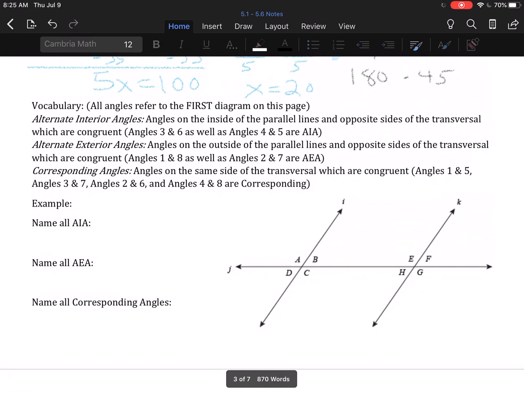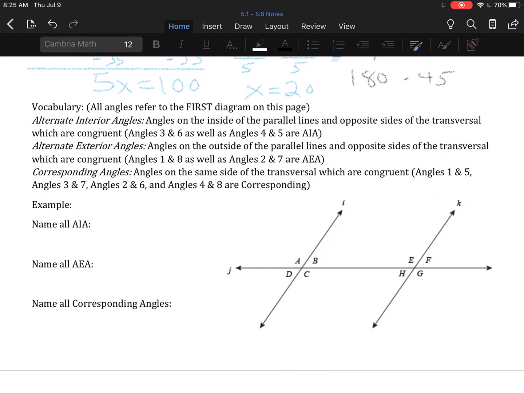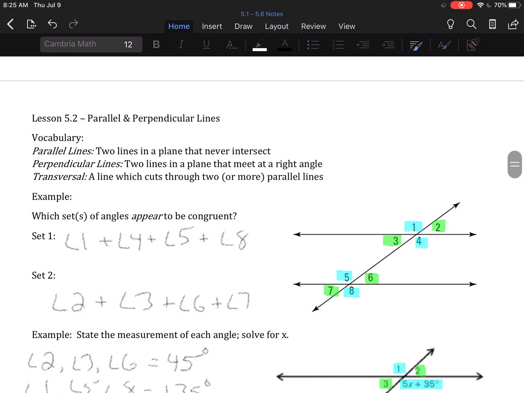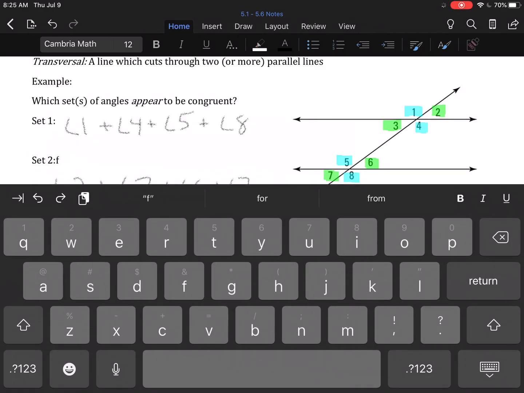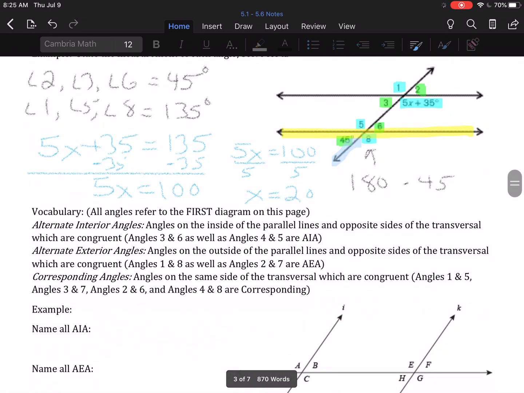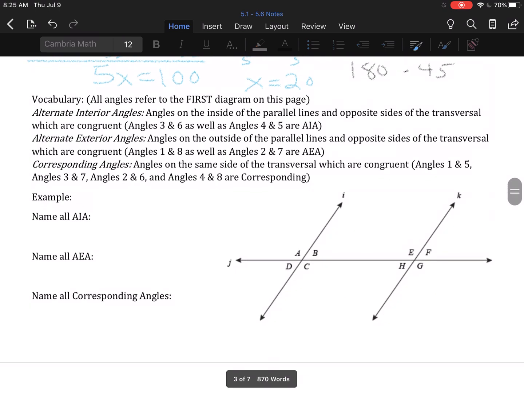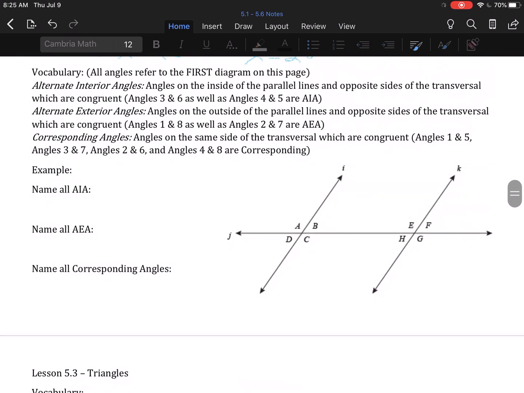Vocabulary. And the angle numbers on this refer to this top diagram, the one that I just boxed. Alternate interior angles are angles on the inside of the parallel lines and opposite sides of the transversal.